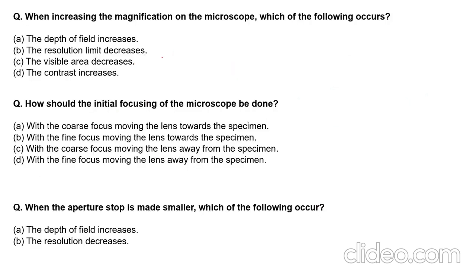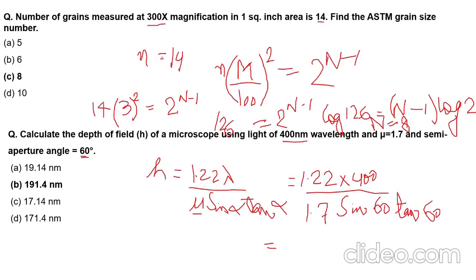Excuse me, ma'am, I have a question regarding depth of field and depth of focus. In this question, we have got a very small value of depth of field. If we try to estimate the depth of focus for the same setting, ma'am, don't you think it is very insignificant for the human eye?